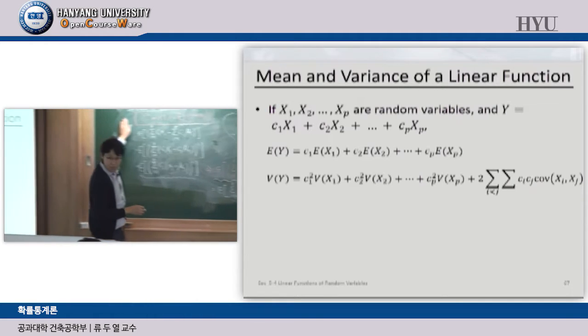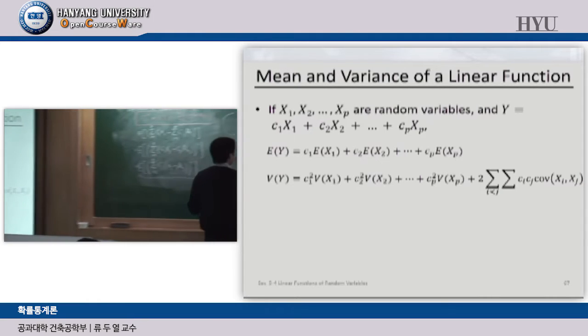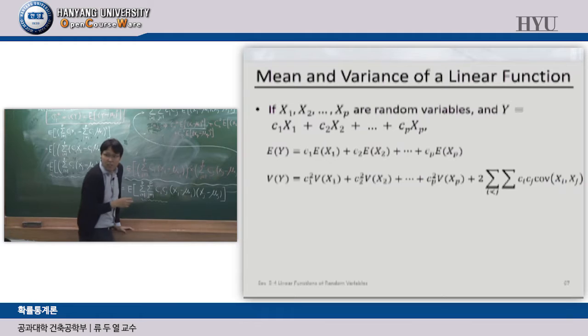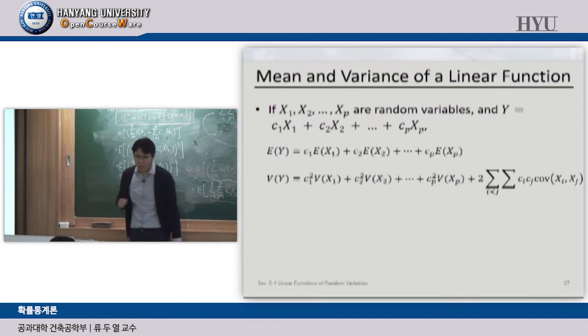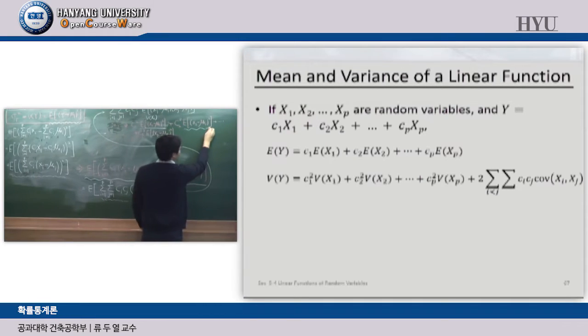And from this definition, what is this? E[(X_1 minus mu_X1) squared], right? That is the variance of X_1, so that is equal to V(X_1), okay? And what about this?